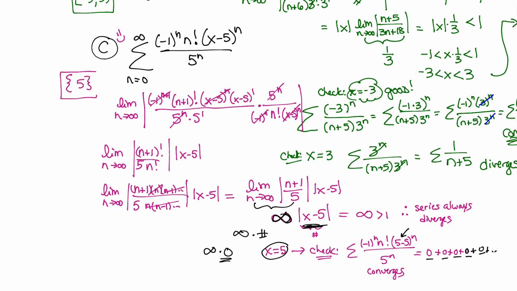It's what we call the center point. It's the point at which the series is centered around. It's the point that would give you a 0 in here. If you put x minus that number that gives you a 0 in here, that is your center point for this series. So on WebWork, you'll have to put in curly brackets with that center point to say that's my interval of convergence.